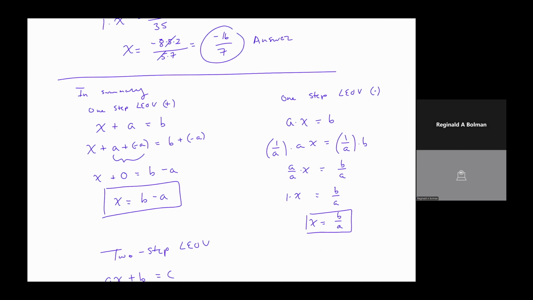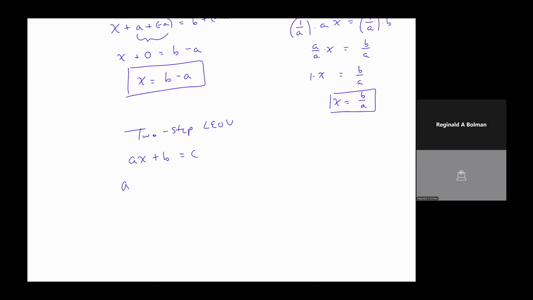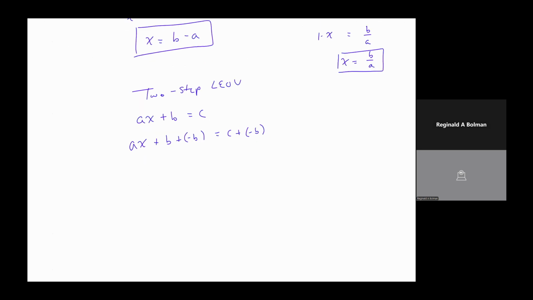So we're going to attack the addition operation by adding the opposite of b to both sides of our equal sign. So you got b plus a negative b, that's just going to give you 0. And then on the other side, you have c minus b. ax plus 0 is just ax, so you have ax is equal to c minus b.